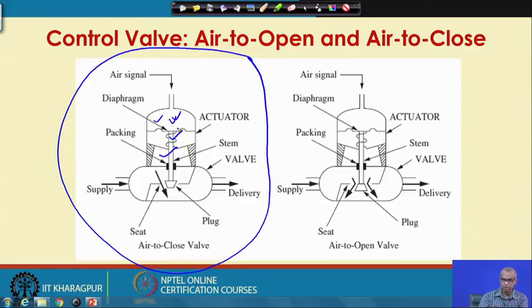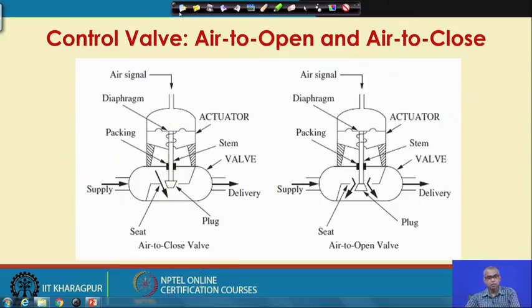You have a spring as well. As the air pressure increases, the stem comes down and the plug completely blocks the opening. That means, as the pressure on the top of the diaphragm, or the valve top pressure as we call it, increases, the plug completely blocks the flow through the valve.